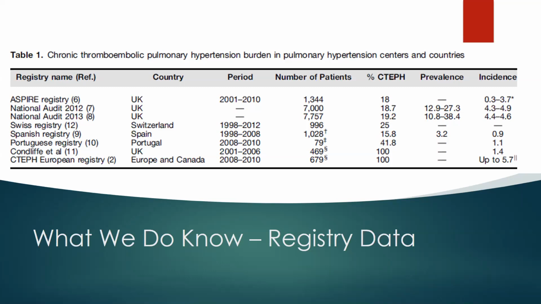So we know that CTEPH represents at least 19% of patients referred to PH centers, and the prevalence could reach even as high as 38.4 per million inhabitants, with the incidence approaching 5.7 per million inhabitants. So not insignificant, even though there are many more people that have acute PE and don't develop this. These are not insignificant numbers when you think about it like that.